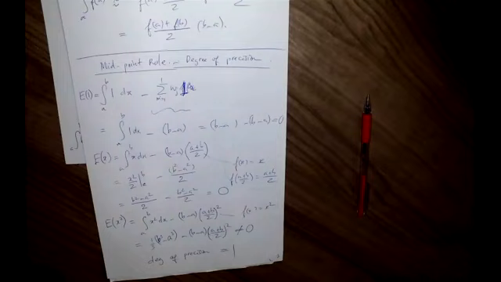You can work on this. Suppose that you have a quadrature like this. Okay? Then what is the degree of precision of this quadrature? Is it 1, 2, 3, or 4?